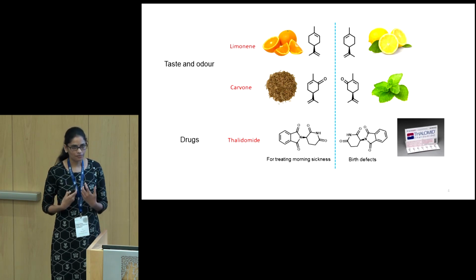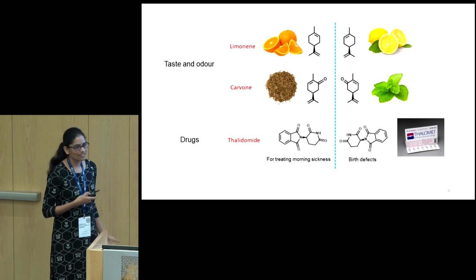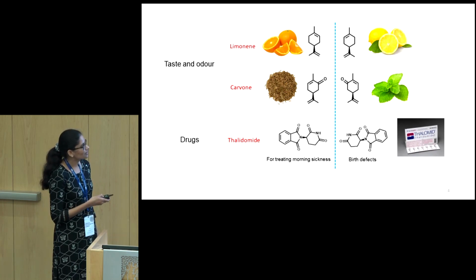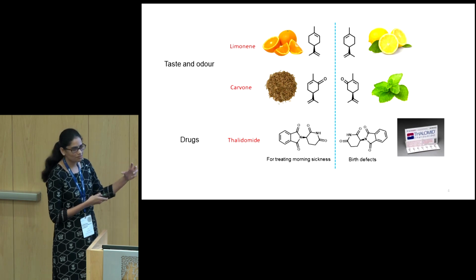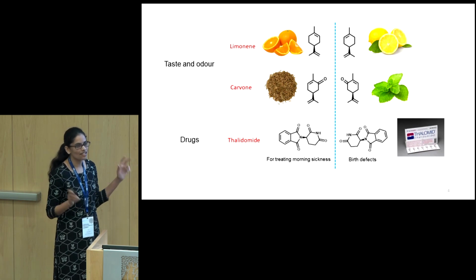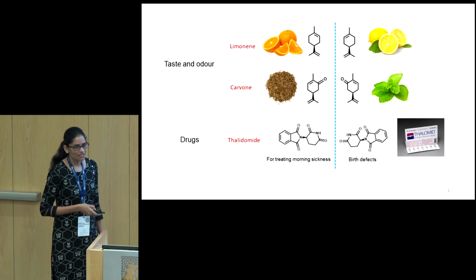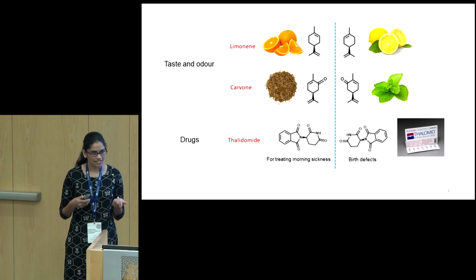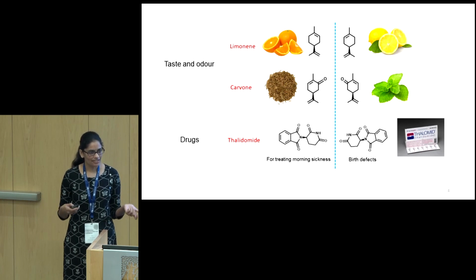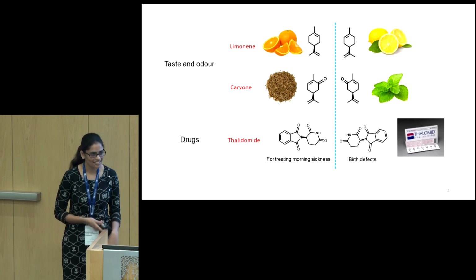And in our body, there are enzymes which can convert this good form to this bad form, bad in the sense of harmful, toxic form. So this is the reason it's very important for us to understand the concept of chirality and do a lot of research in this area.